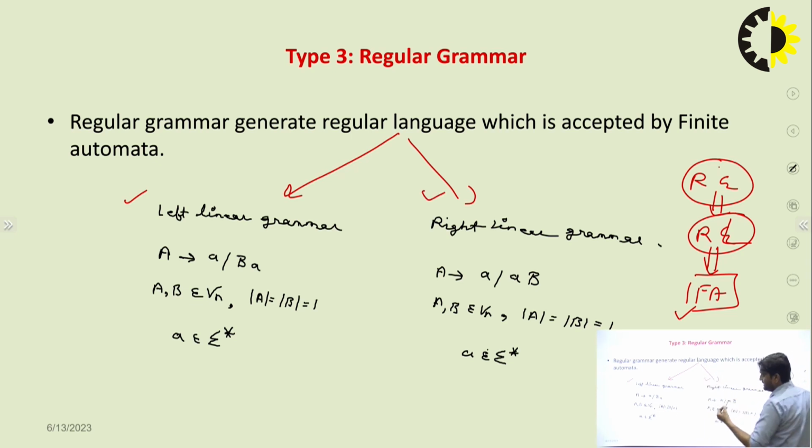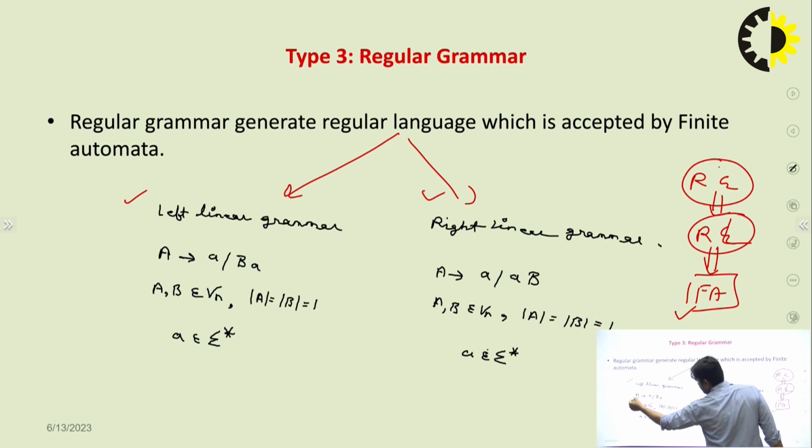In left linear grammar, there is only one variable on the left-hand side, and only one variable on the right-hand side. That is the restriction.